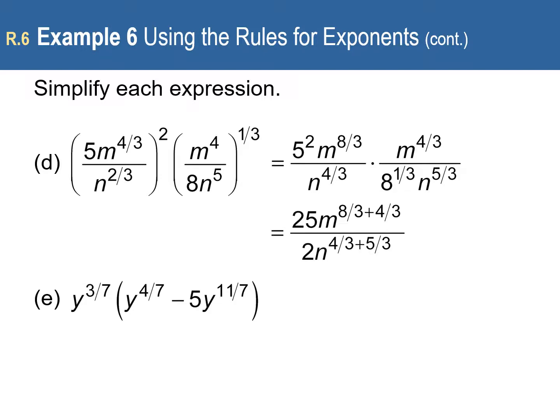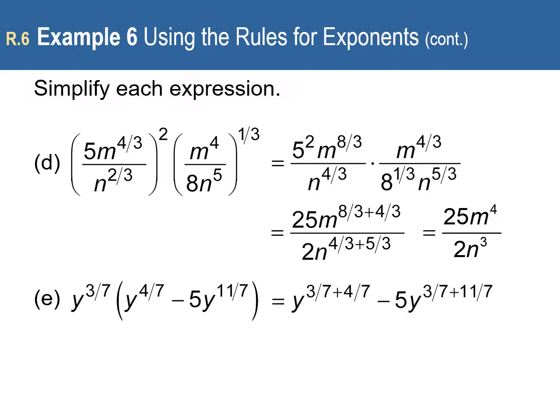And now we're going to want to add the exponents for the m's in the numerator and the n's in the denominator so that we get 25 m to the 4th divided by n cubed. Now for the bottom one, we're going to want to distribute the y to the 3/7 to both terms, add the exponents, so we get y minus 5y squared.